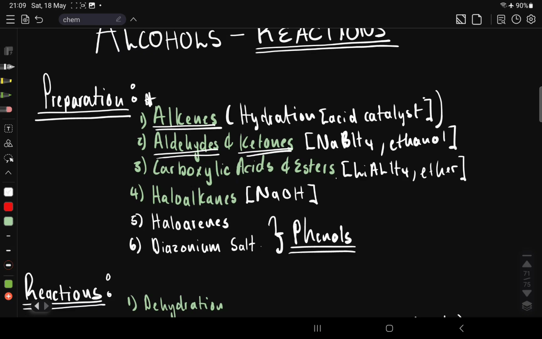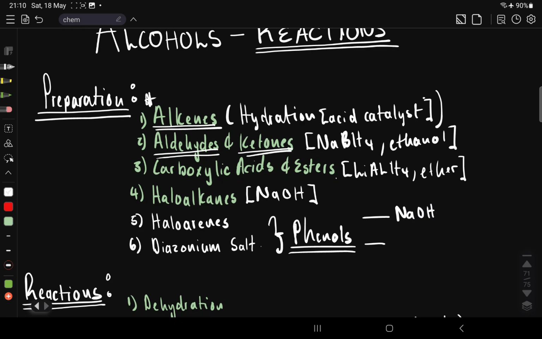Now, for these 2 guys, we say that make phenols, we have haloarenes and diazonium salts. For haloarenes, they work exactly like haloalkanes, only that the halogen is on an arene, or a benzene. Let's say it's on a benzene. So what is going to happen is you are going to use again NaOH, but then there will be more conditions.